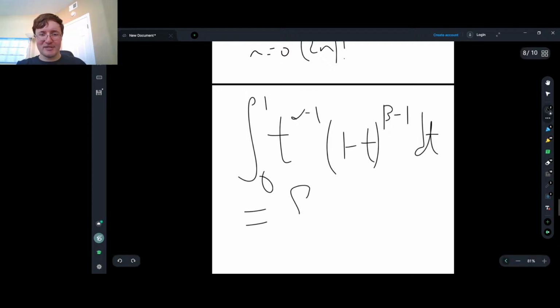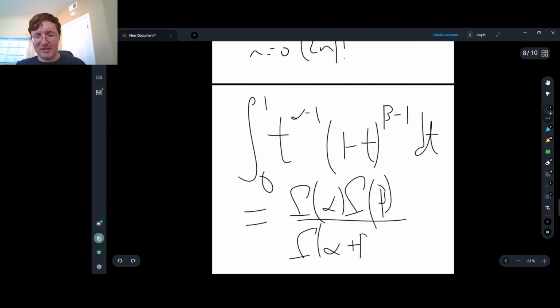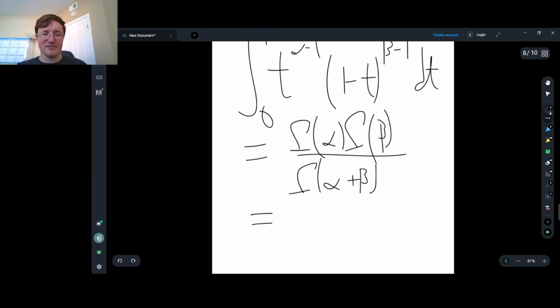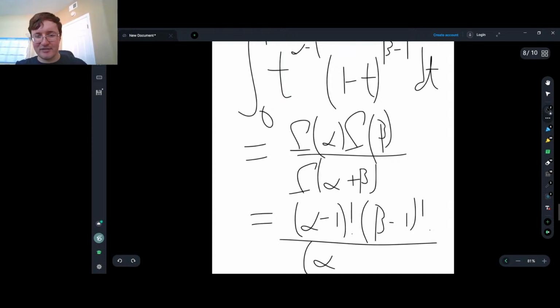It ends up being gamma of alpha, gamma of beta over gamma of alpha plus beta. For integers, it becomes factorials: alpha minus 1 factorial, beta minus 1 factorial over alpha plus beta minus 1 factorial.